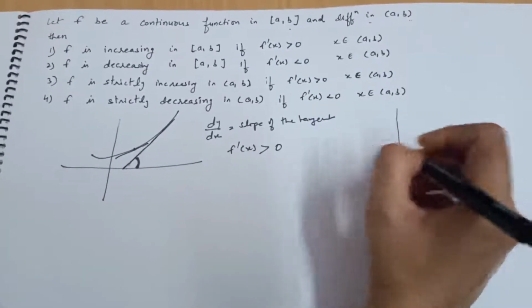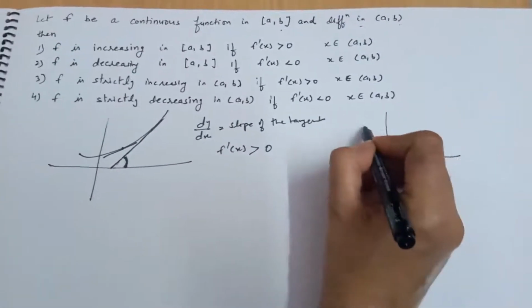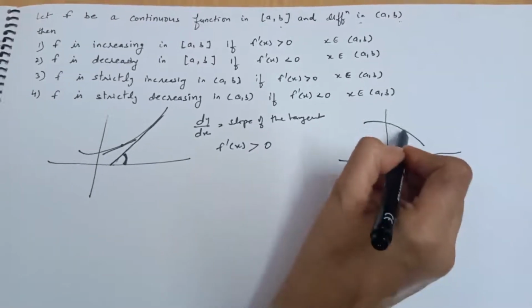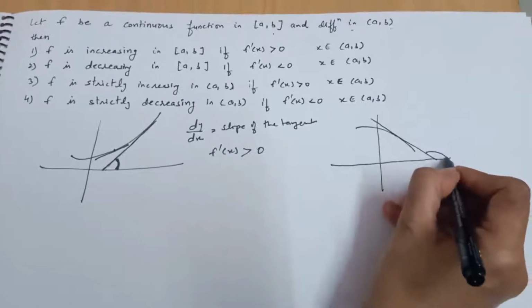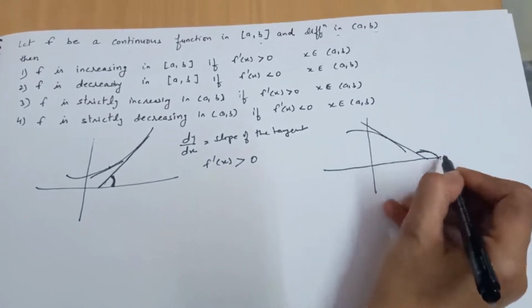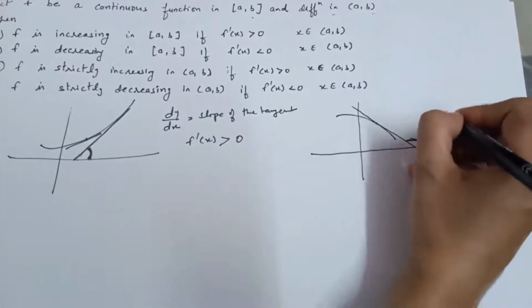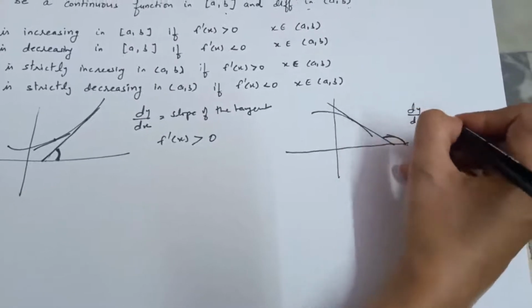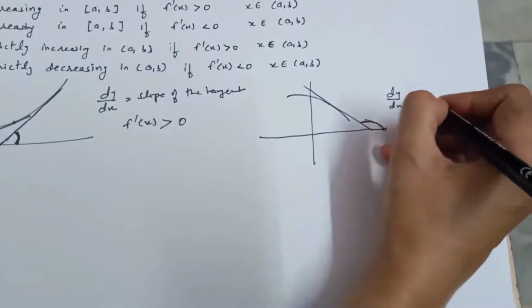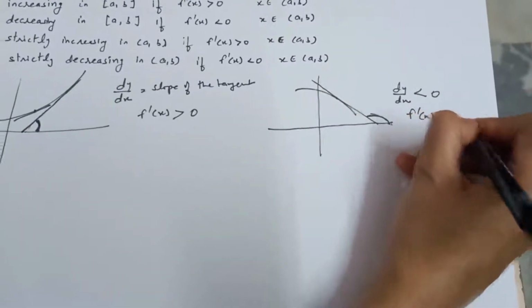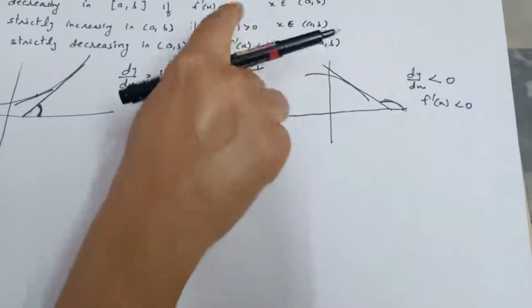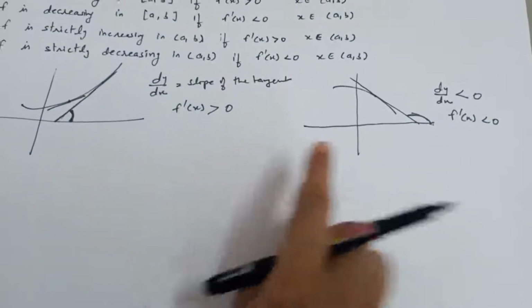But for a decreasing function, if you draw the tangent, it will always be an obtuse angle, and the slope of the tangent is dy by dx, so it will be tan theta with theta obtuse, in the second quadrant, so it will be less than 0, meaning f'(x) is less than 0. This is one reason why we solve by f'(x) greater than 0.